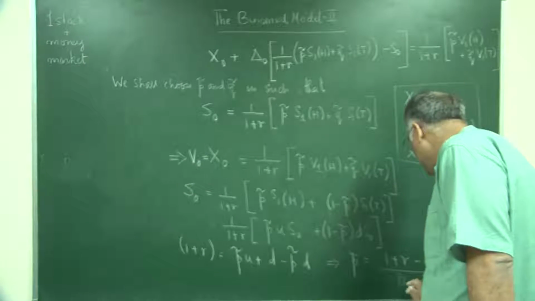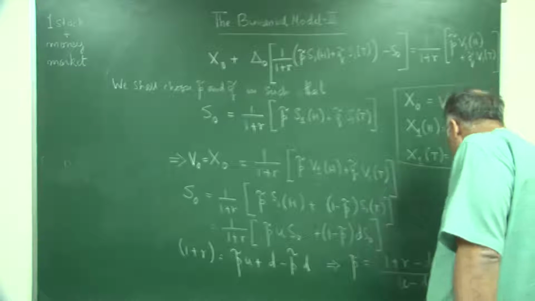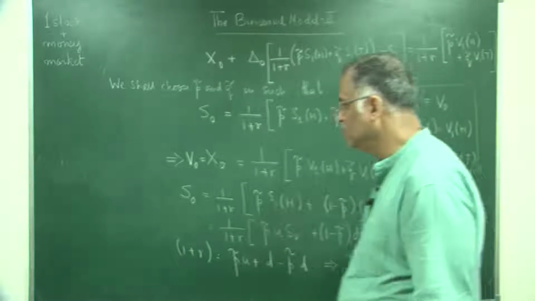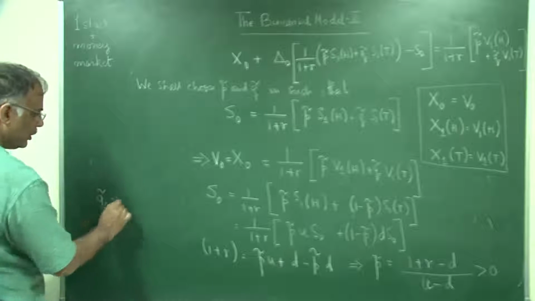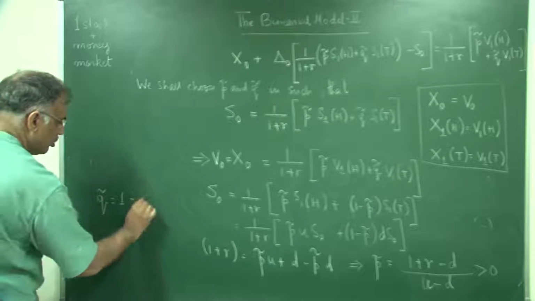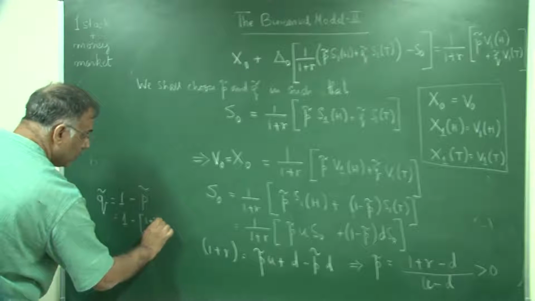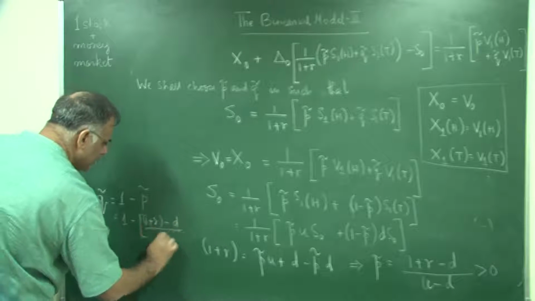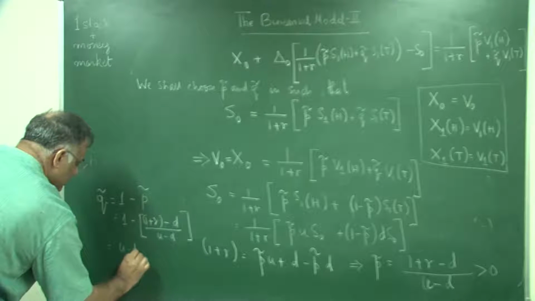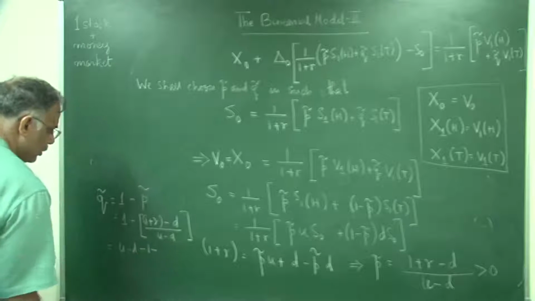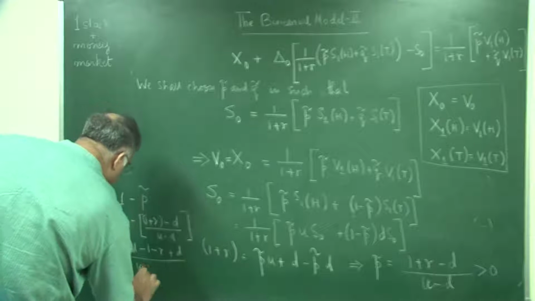U minus d is always strictly greater than 0, and 1 plus r is always strictly greater than 0. So, this quantity is strictly greater than 0. Similarly, from here you can now compute q tilde, which is 1 minus p tilde, which is equal to 1 minus 1 plus r minus d, which gives me u minus d minus 1 minus r plus d divided by u minus d.